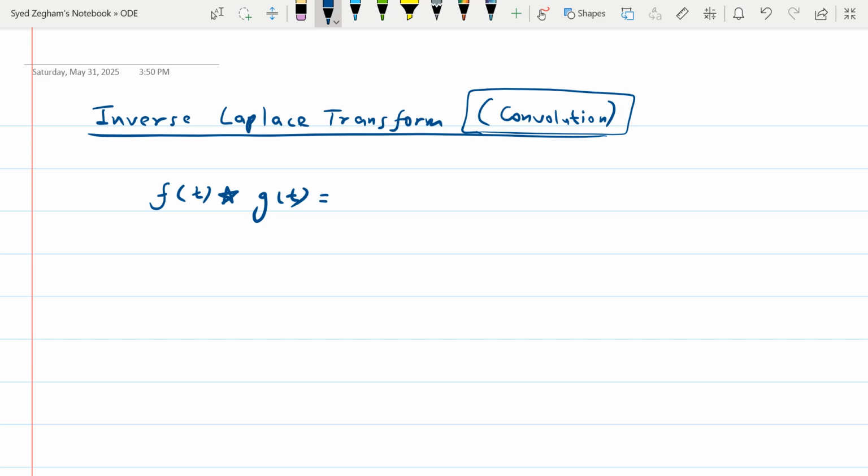This is defined as the integral of f(u) g(t minus u) with respect to u over the limits 0 to t. This is how you define convolution of two functions f and g.